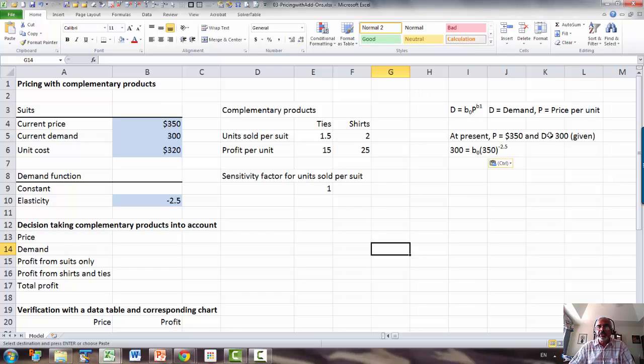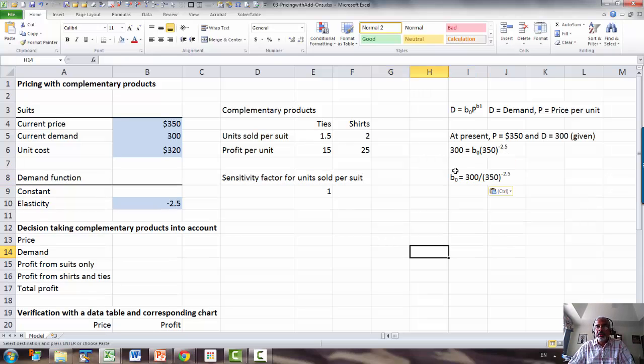So insert 300 for D, B sub 0 we don't know, 350 for P, and B sub 1 is given as minus 2.5. So now we have only one unknown, and we should be able to solve this. B sub 0 is 300 divided by 350 to the power of minus 2.5. So you solve that.